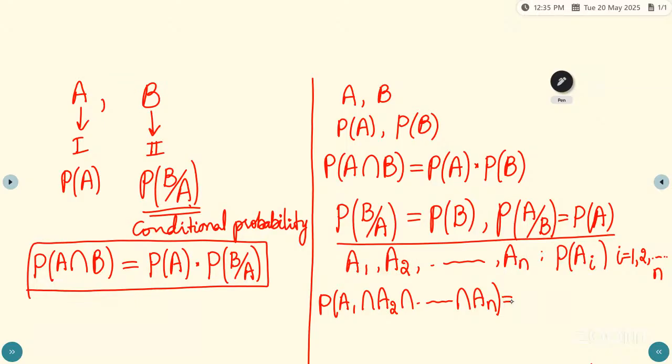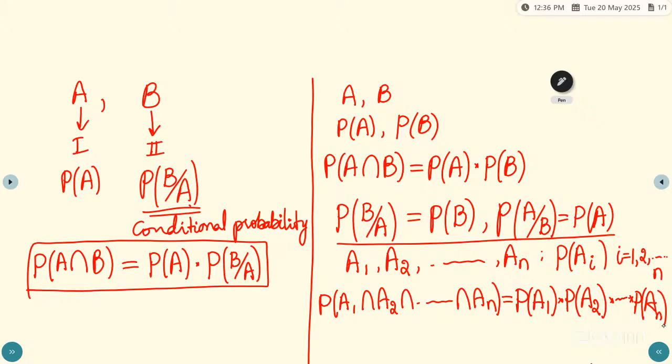N trials. P of A1 intersection A2 intersection An equals P of A1 into P of A2 into so on into P of An.